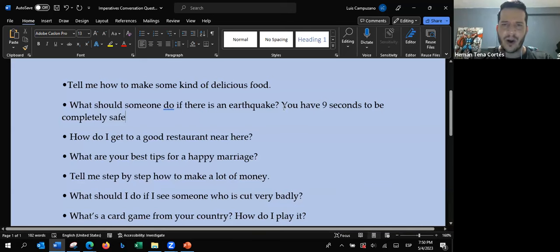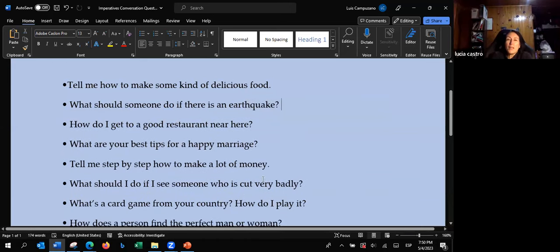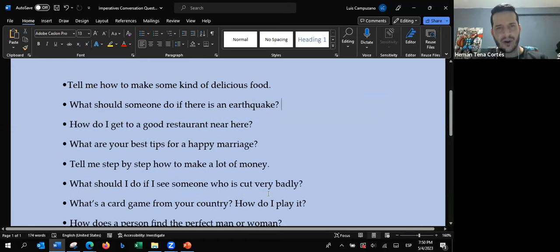So let's say you are in a building and the earthquake is very strong, like 7.9 or 8 on the Richter scale. You have 9 seconds to get out of the building. If you are not out of the structure in 9 seconds, the chances of surviving are very minimal. And 9 seconds is nothing. It's impossible. Yeah, if you don't live on the first floor, it's impossible.